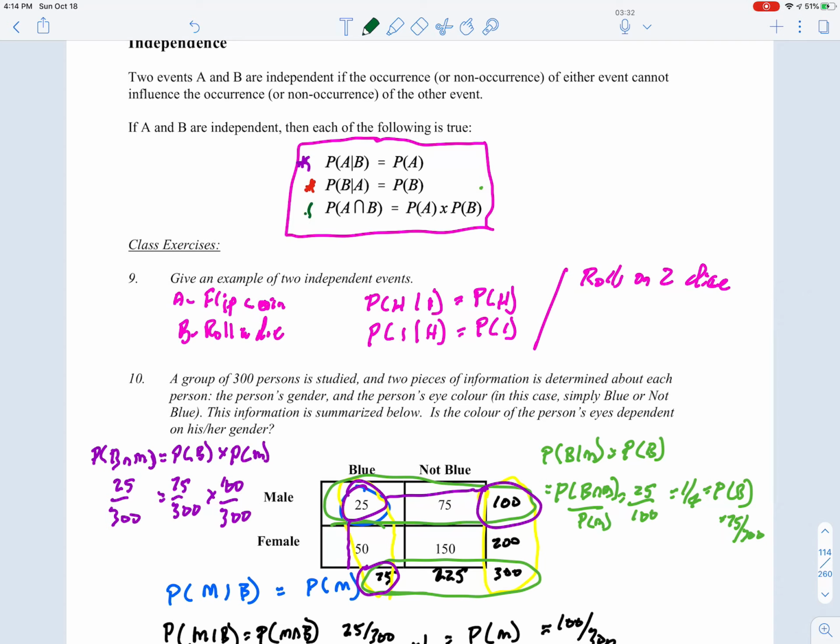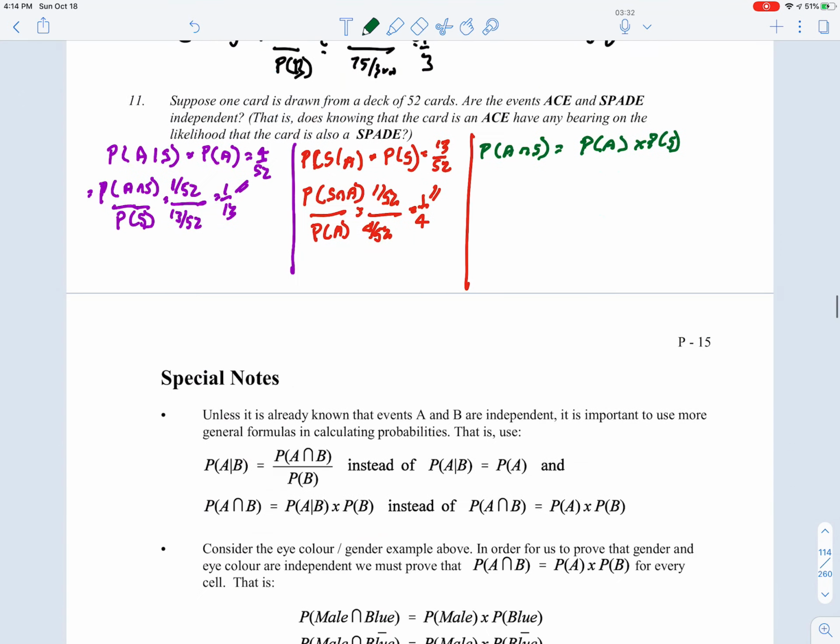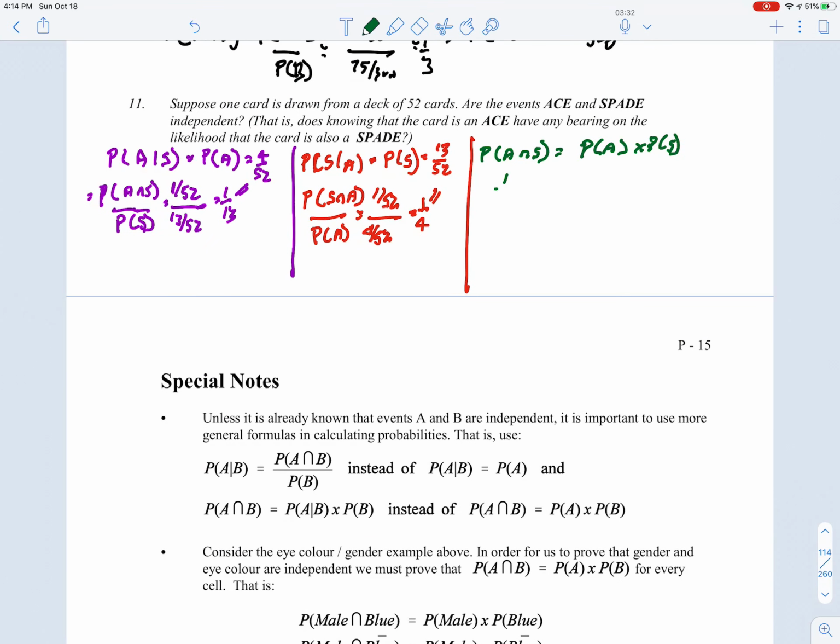So I'm using this one here, where again I'm using S instead of B. All right, 1 out of 52, because there's one card which is an ace and a spade, is equal to the probability that a card is an ace, which is 1 out of 13, or 4 out of 52. And the probability that a card is a spade is a quarter, or 13 out of 52. So if you multiply those out, you'll get 1 out of 52 is equal to 1 out of 52.